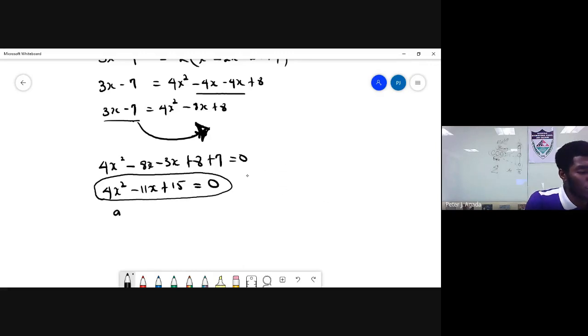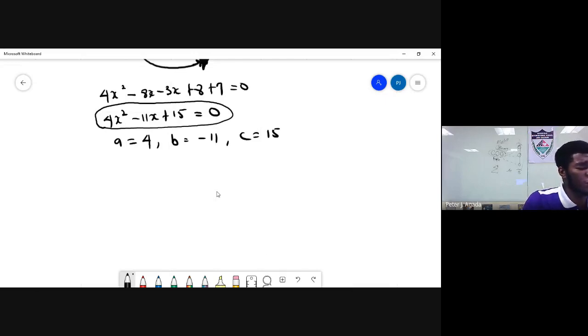So let's go ahead with the general formula here. Let's just save our time. So we can have a is equal to 4, my b is equal to negative 11, and my c is equal to 15.